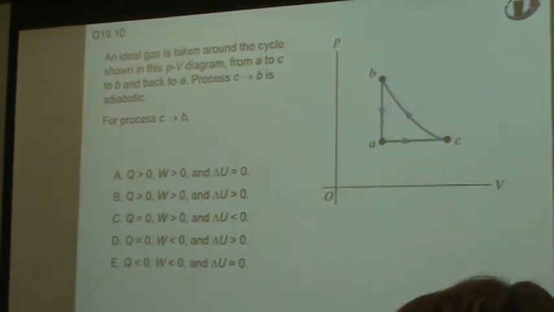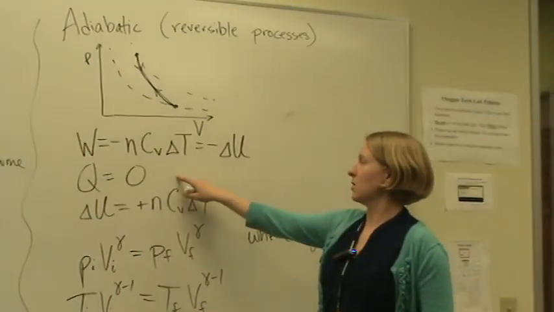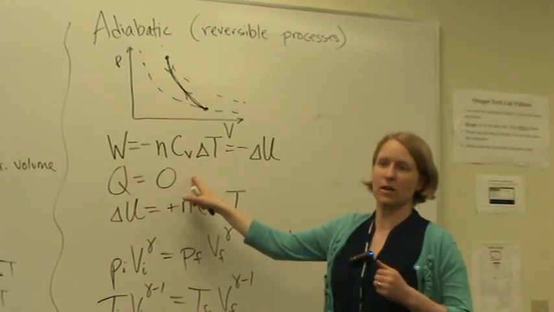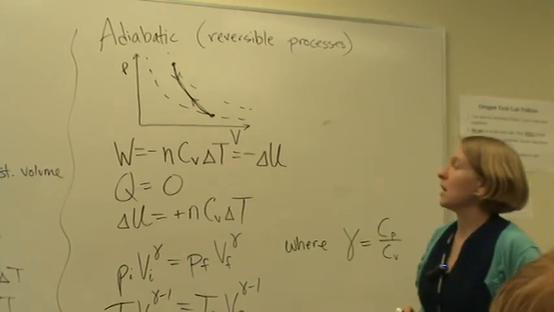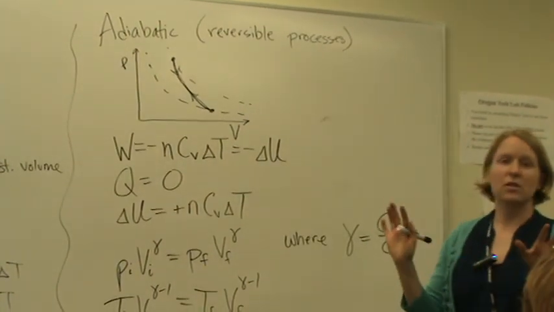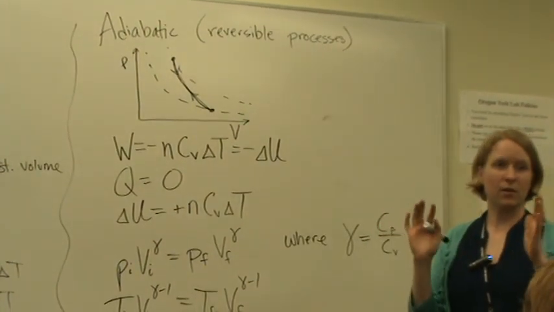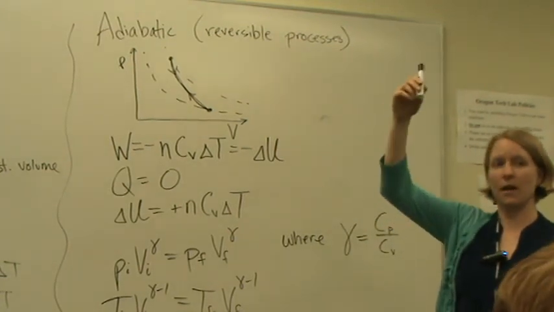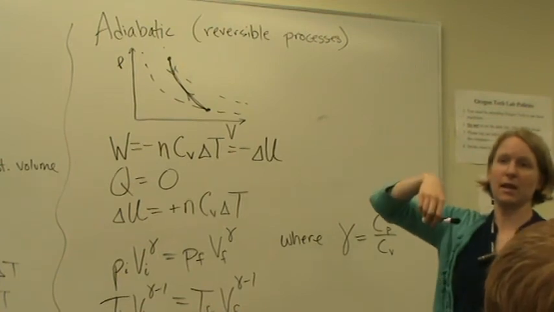So in the adiabatic case here, looking at our equations, Q is 0, so our answer has to be either C or D, which is what you guys voted. Using just our knowledge about the work under the curve and the direction of the arrow, we know that the arrow is going to the left, so the work under the curve has to be negative.